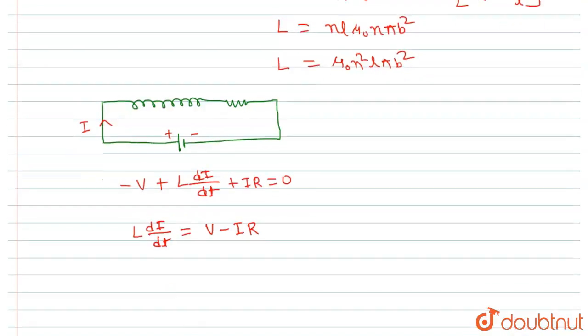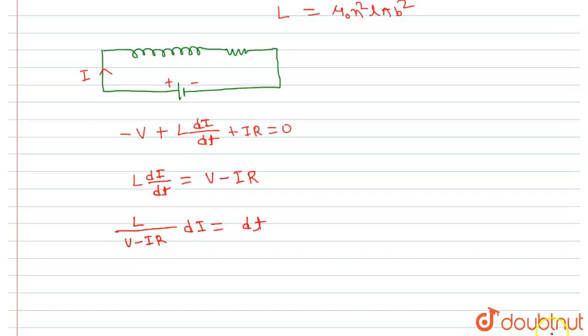Now from here we can write L by (V minus IR) into dI is equal to dt. Clear? Now we have to integrate this. So after integrating both sides, we integrate I from 0 to I, and t from 0 to t.